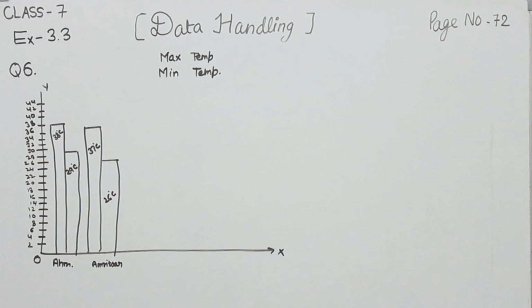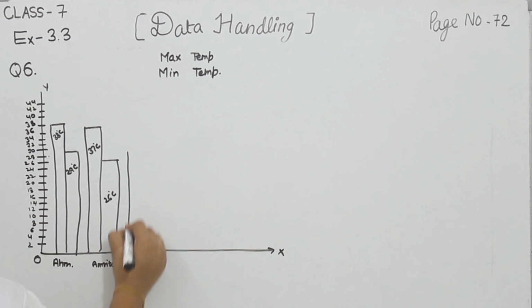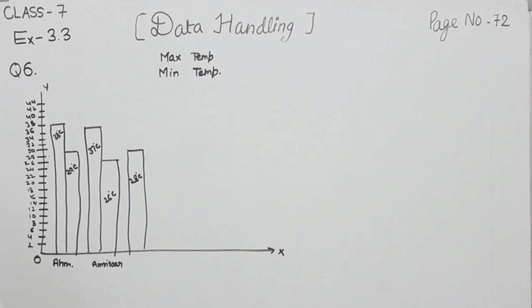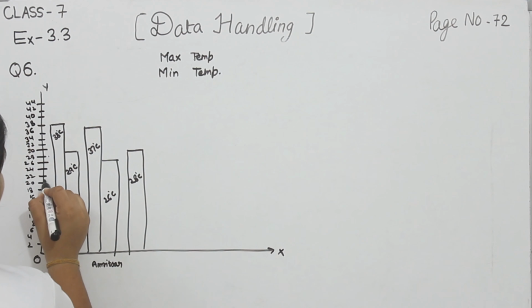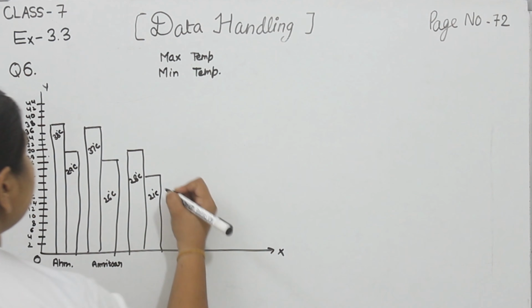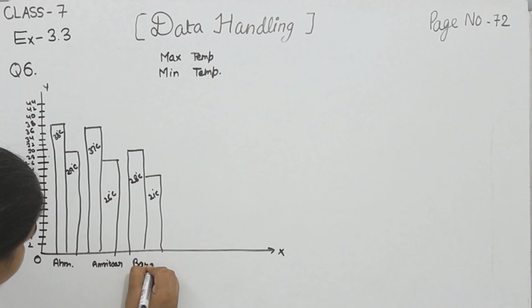The maximum temperature is 28 and the minimum is 21. This is 28 degrees Celsius and the minimum one is 21, this is the 20 and this one is the 21. So this is 21 degrees Celsius and this is the temperature of Bangalore.